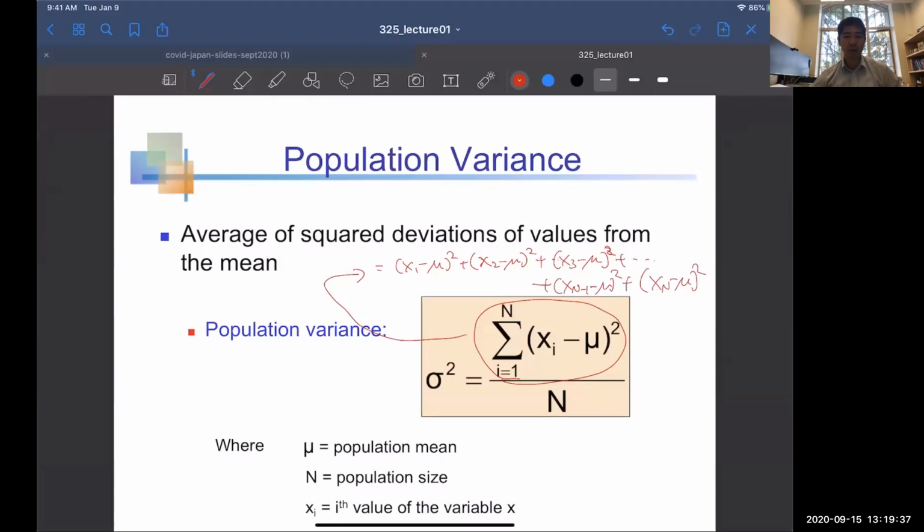If you want to write a program by yourself without using any package, you can sometimes use a do loop to compute this type of value. But writing out this long summation is time consuming. So we introduced a notation that represents this long summation across different units. That's the summation operator.